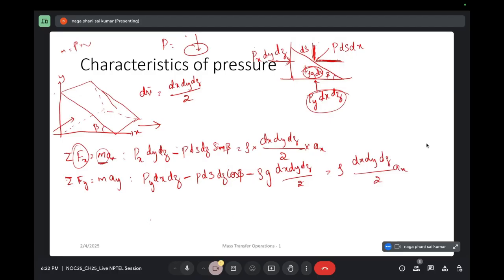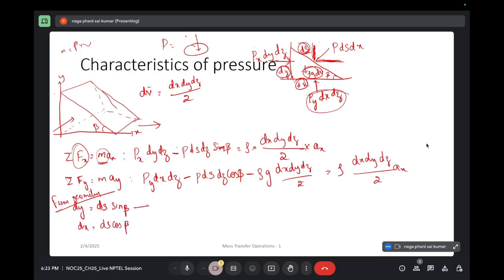Here this is dy, this is dx, right? So you can say that dy is equal to ds into sine beta, from geometry, and also dx can be written as ds into cos beta.